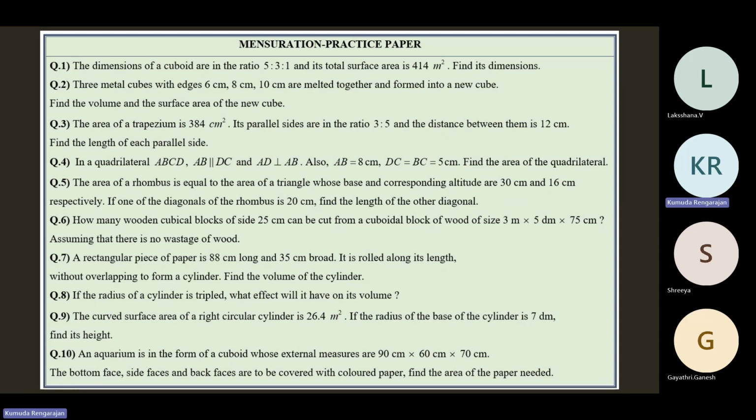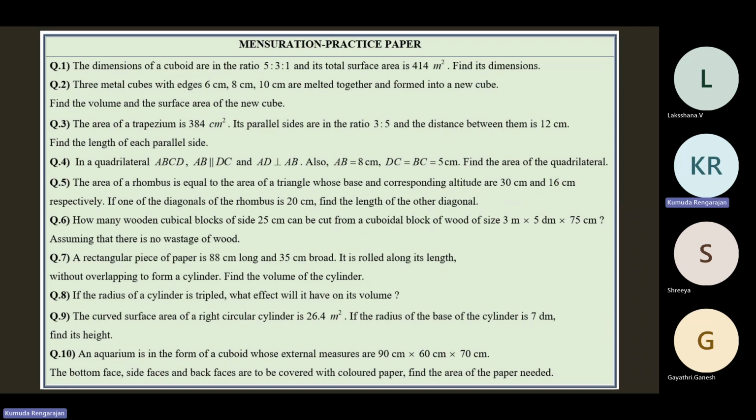The dimensions of a cuboid are in the ratio 5:3:1, and its total surface area is 414 meters square. Find its dimensions. So who can tell me the formula to find the total surface area of a cuboid?